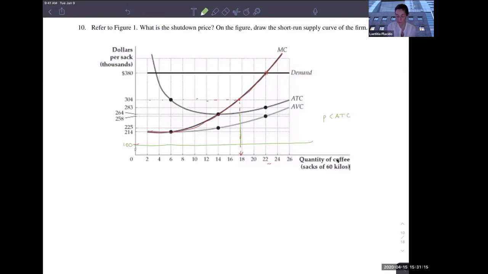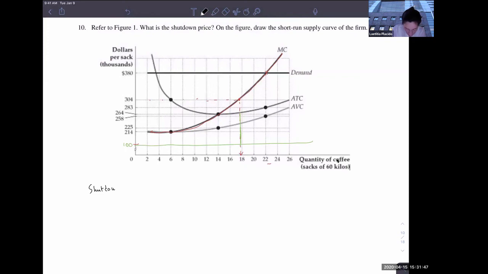However, in the short run, sometimes the firm may be better off still producing something rather than nothing. And we want to determine the level of price such that the firm is going to produce something, although it's going to get a negative profit. I'm going to show you that now. So, shutdown price.